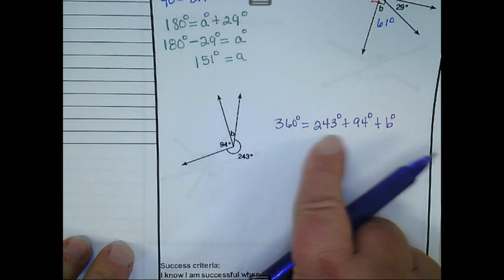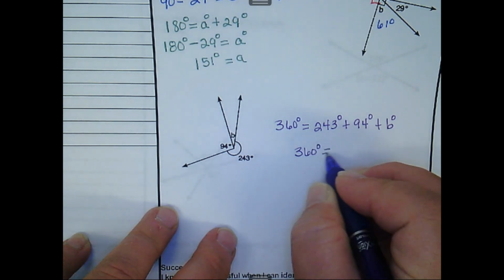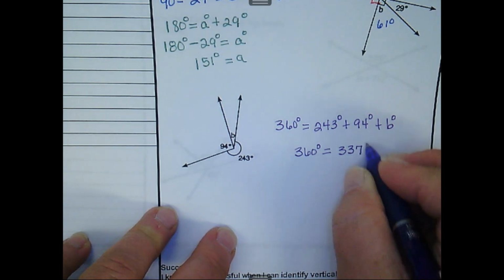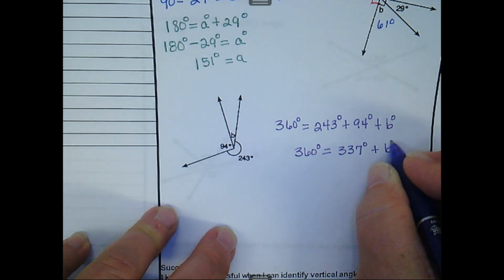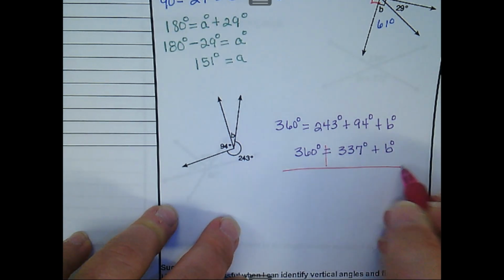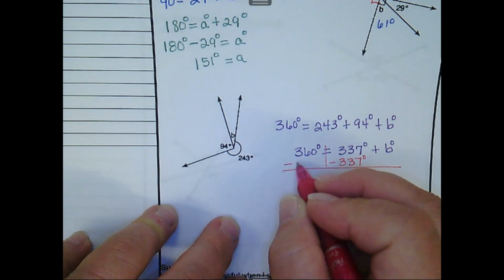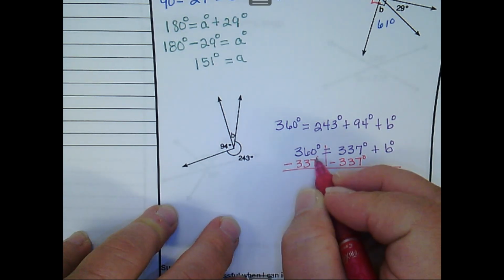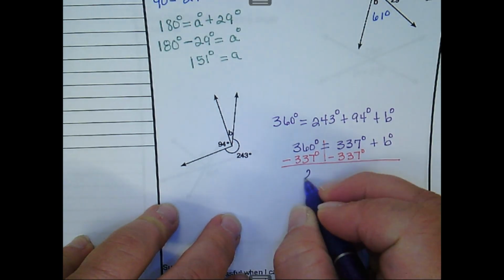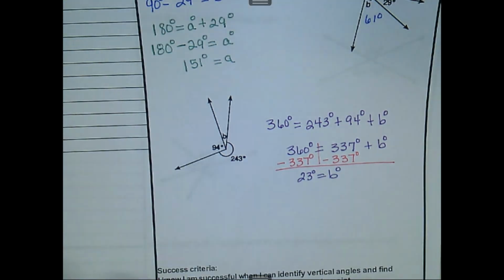Well, I'm going to combine my like terms. 360 degrees is equal to 337 degrees plus B degrees. Now, subtract 337 from both sides and I'm done. Okay, so 23 degrees is equal to B degrees.